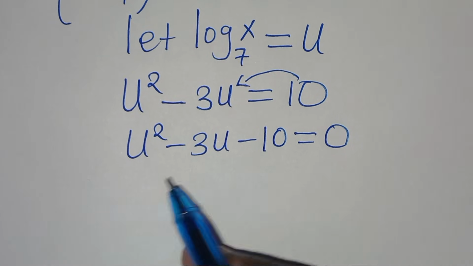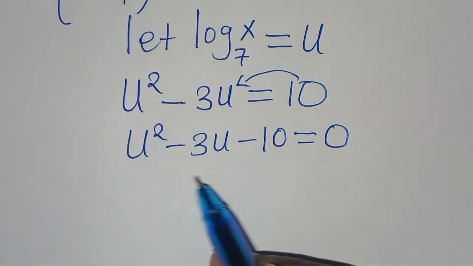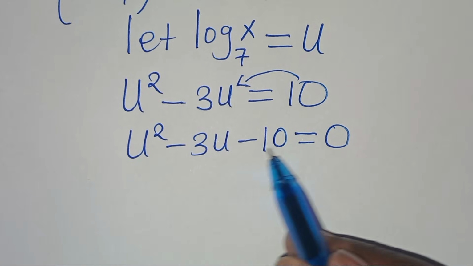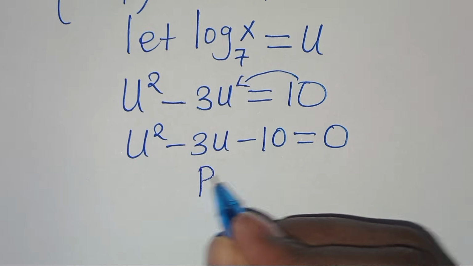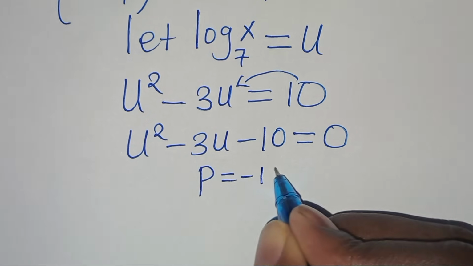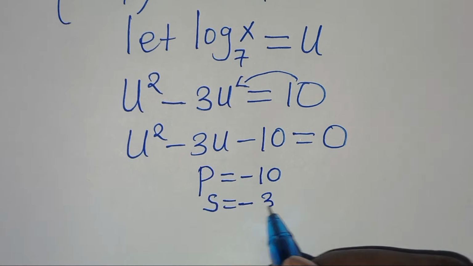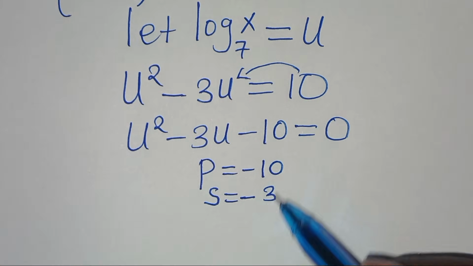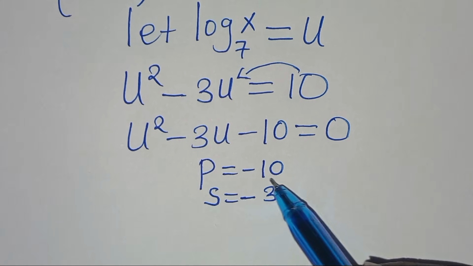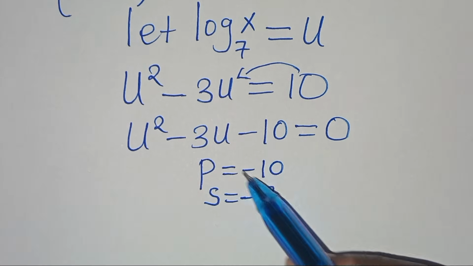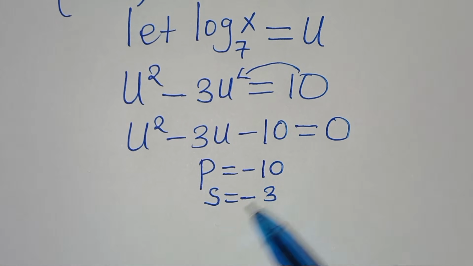Now, this is a quadratic equation that we can solve by factorization method. We have the product here, this is minus 10. The sum here is equal to minus 3. So let's identify two factors. If you multiply those two factors, we have a product of minus 10 and a sum of minus 3.